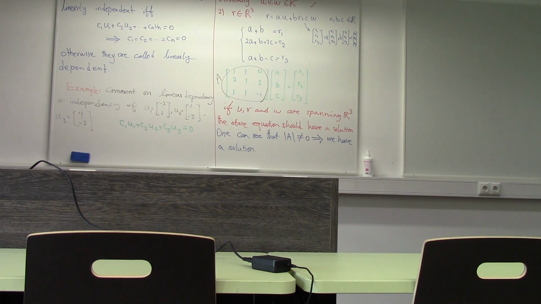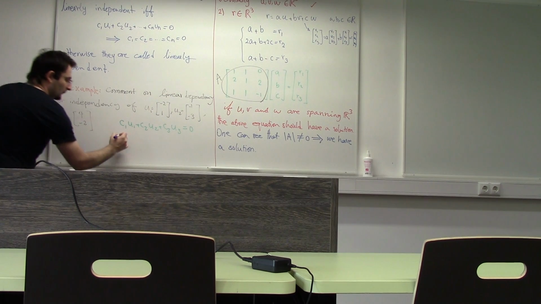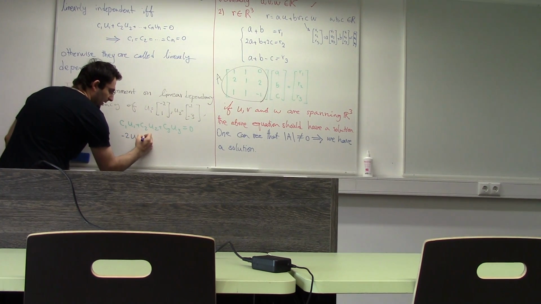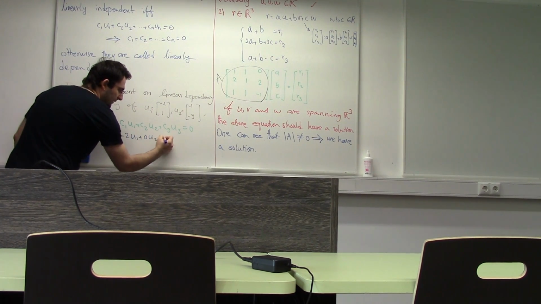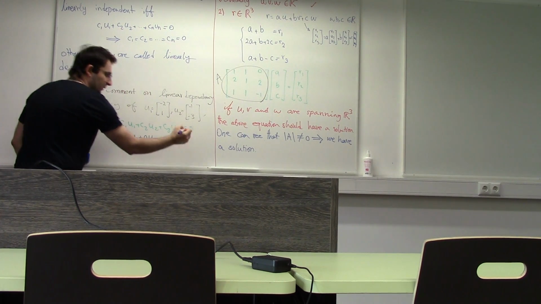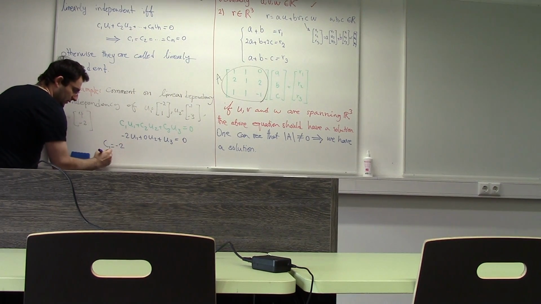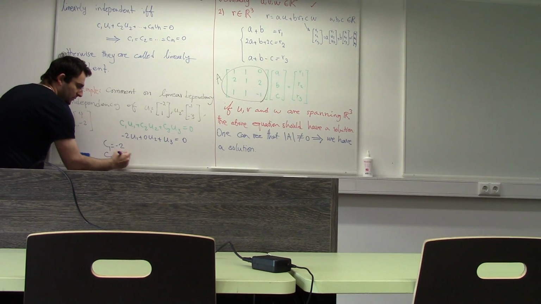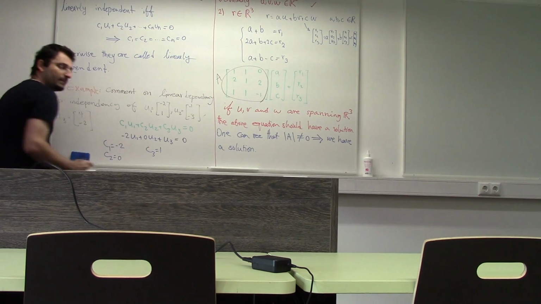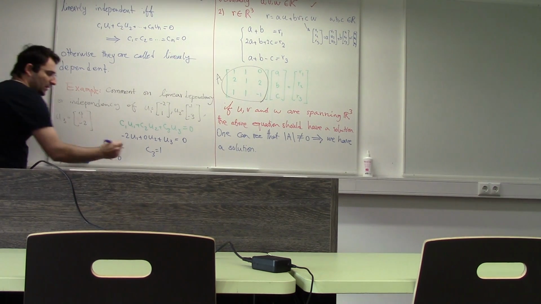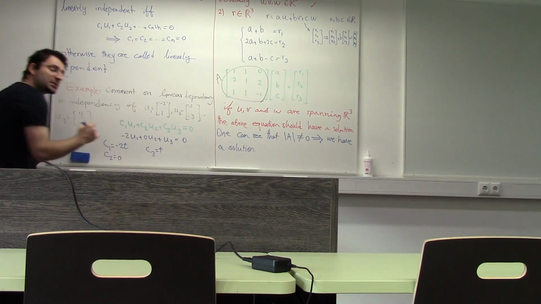Minus 2 U1 plus 0 U2 plus U3 is equal to 0, which means that C1 is minus 2, C2 is 0, and C3 is 1. And actually, this can be t, this can be minus 2t.